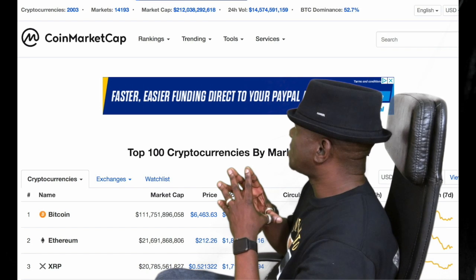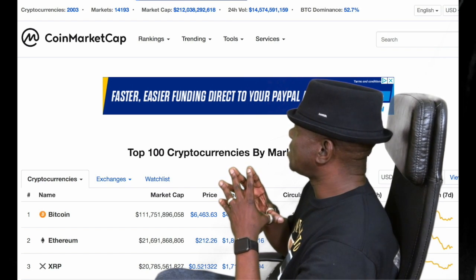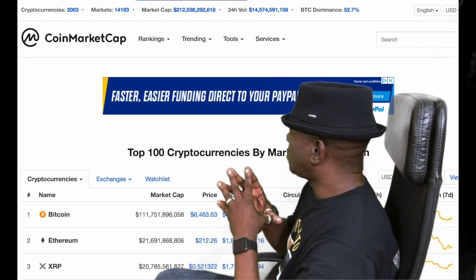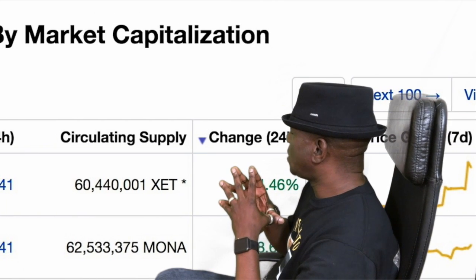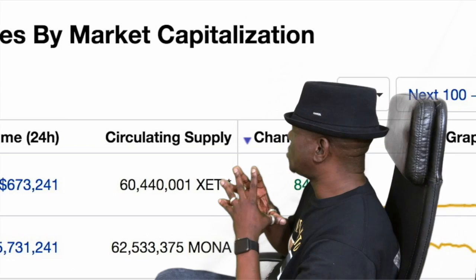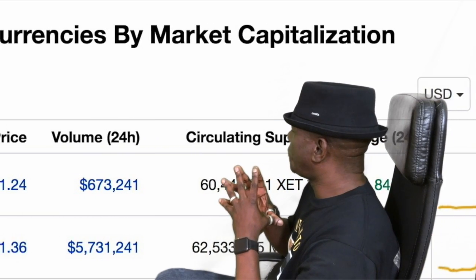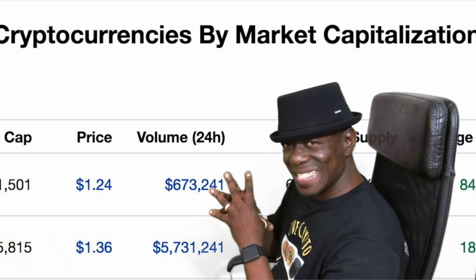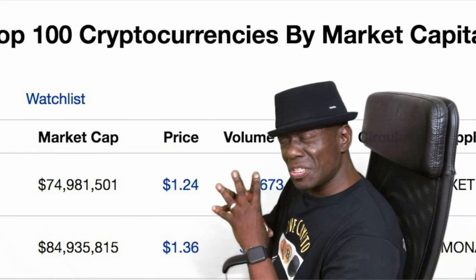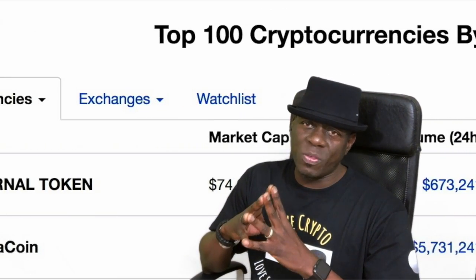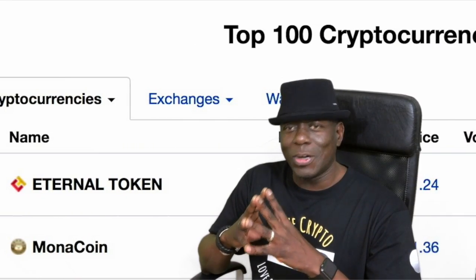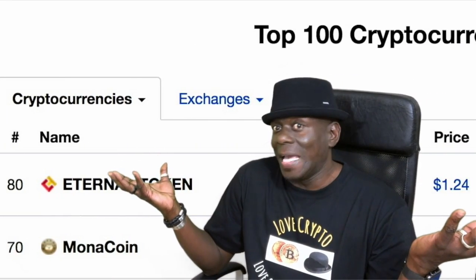Bitcoin is currently listed at $6,463 with a market dominance of 52.7%. Best performer in the last 24 hours has been Eternal Token, up 84.46% and now trading at $1.24.